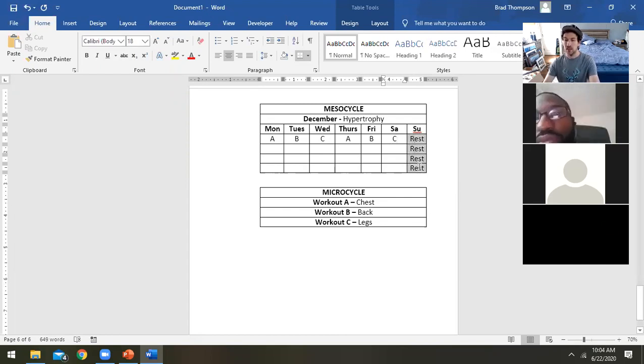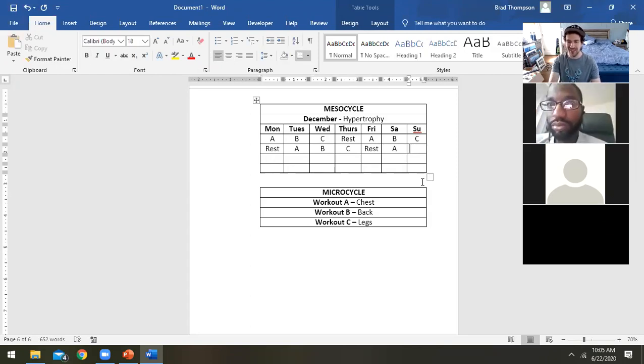An even better version, I know I'm getting real intense here, of the same thing that is technically a 6-day split is to get it to cross over the midline. And so it would be this: A, B, C, rest, A, B, C, rest, A, B, C, rest, A, B, C, rest.